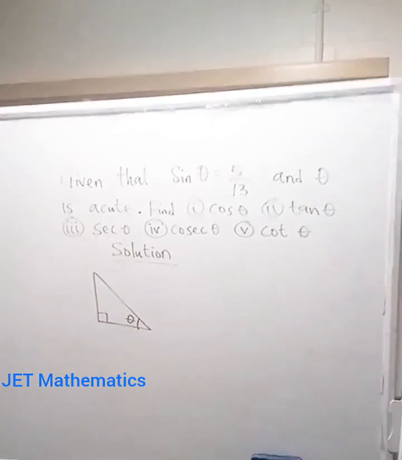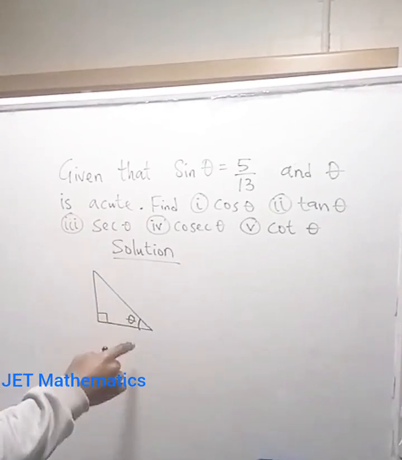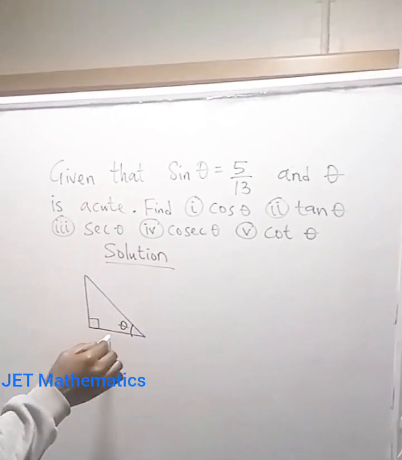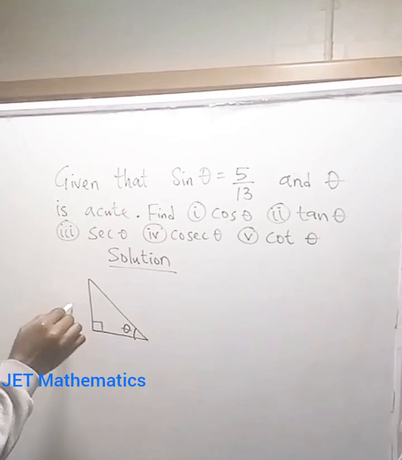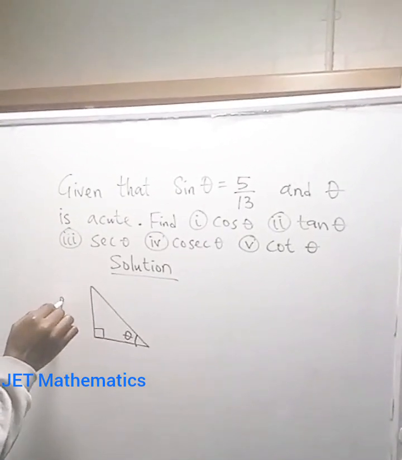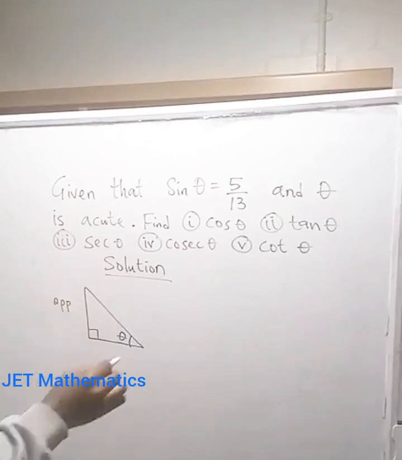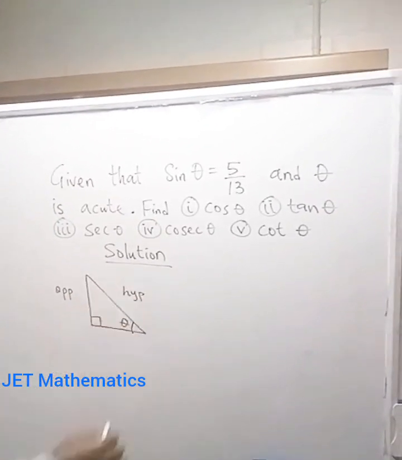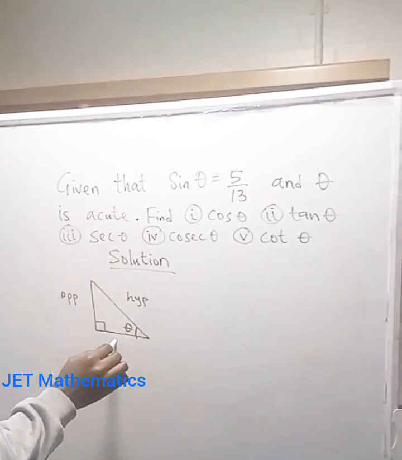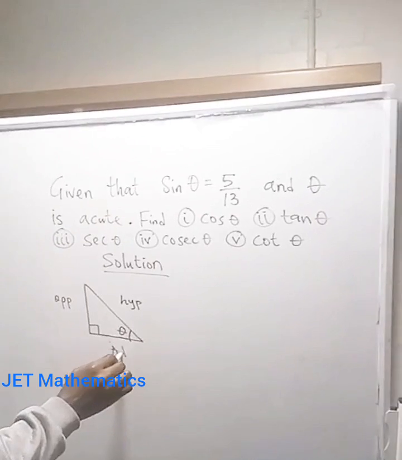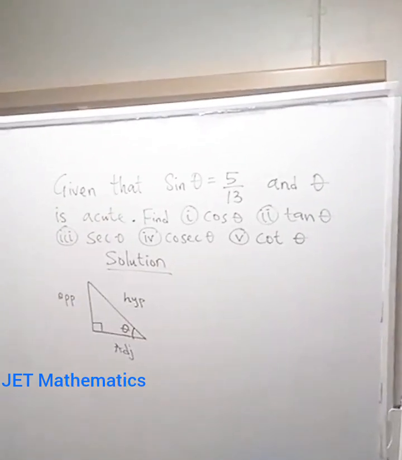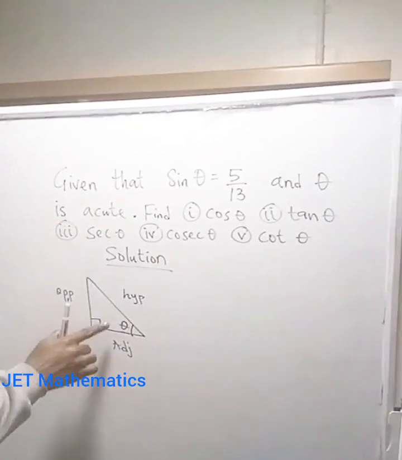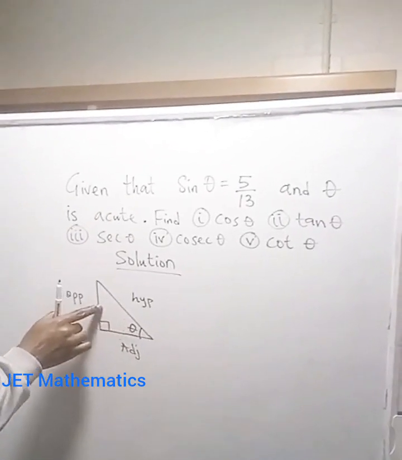Okay? So if we fix it here, we know that here becomes opposite and here becomes hypotenuse, right? And here becomes adjacent.